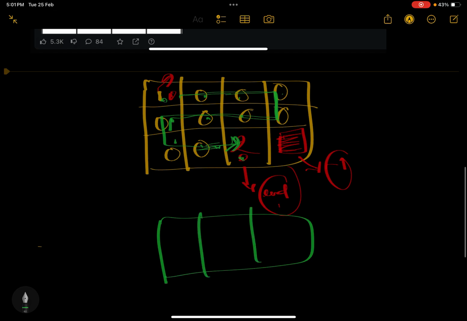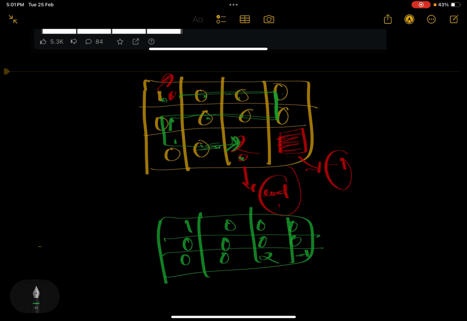See, 1 0 0 0 0 0 0 0 0 0 2 and minus 1. The second path can be this. As you can see, I have traveled through all the non-obstacle cells and then reached the ending square.